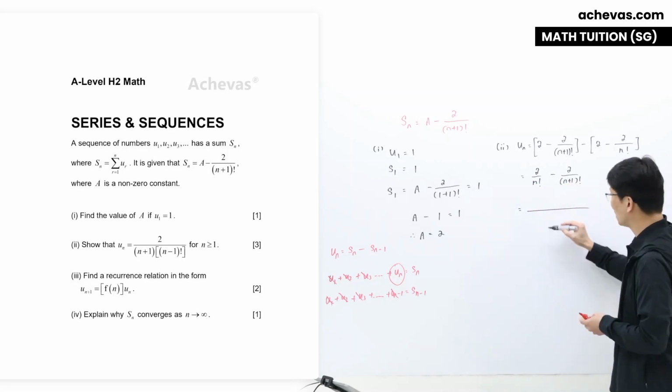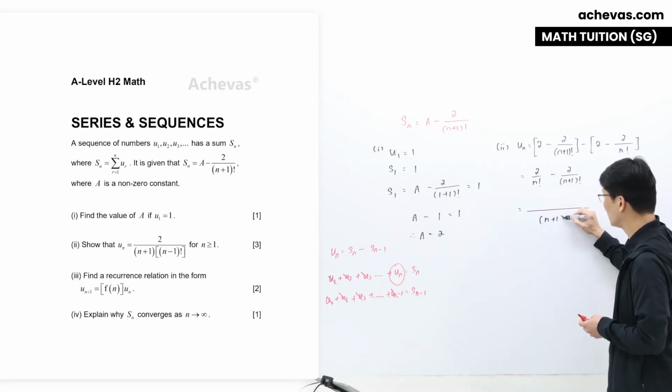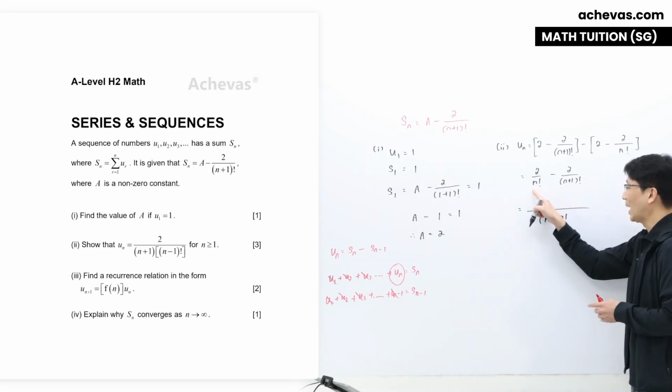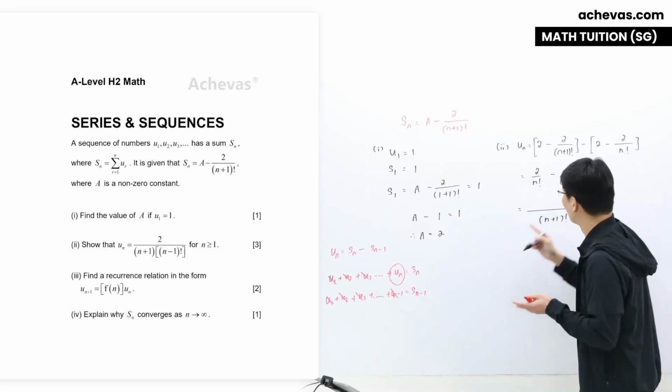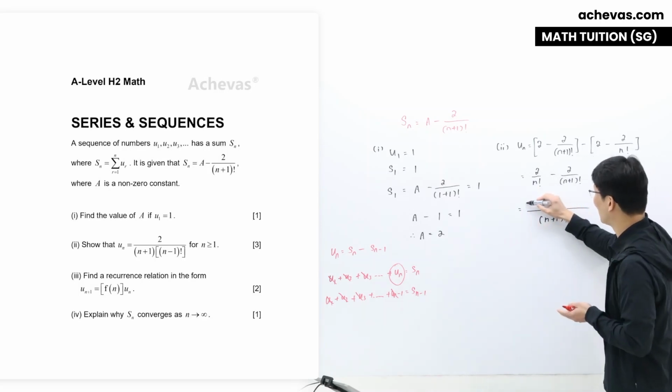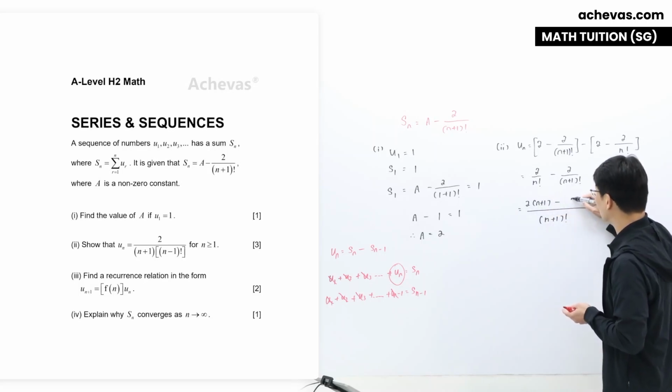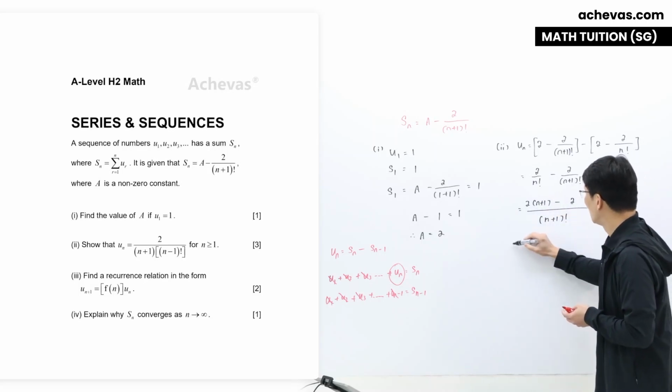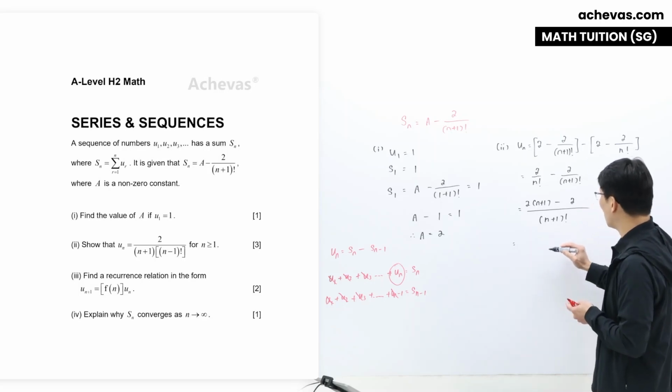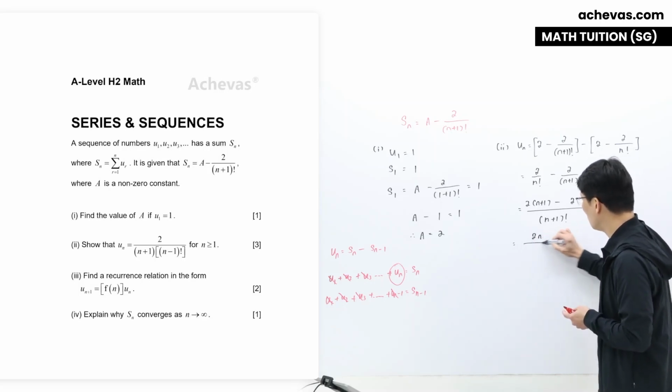So if we take a common denominator of (n plus 1) factorial, this one lacks an n plus 1 term. So I'm going to multiply the n plus 1 at the top, and this will be the same, which is just minus 2. So let's simplify this. I will end up with 2n over (n plus 1) factorial.